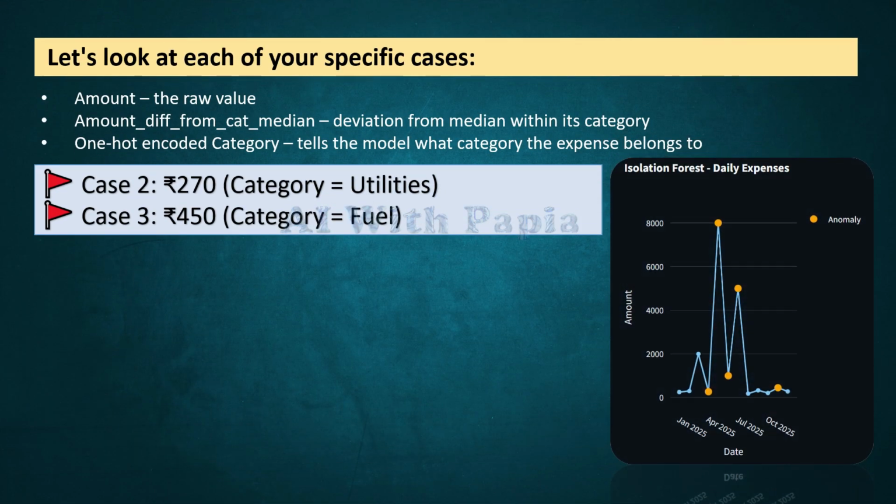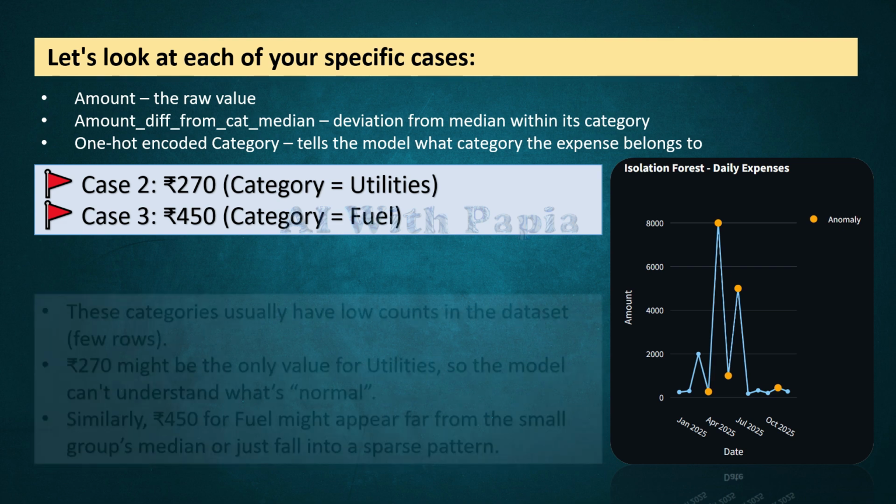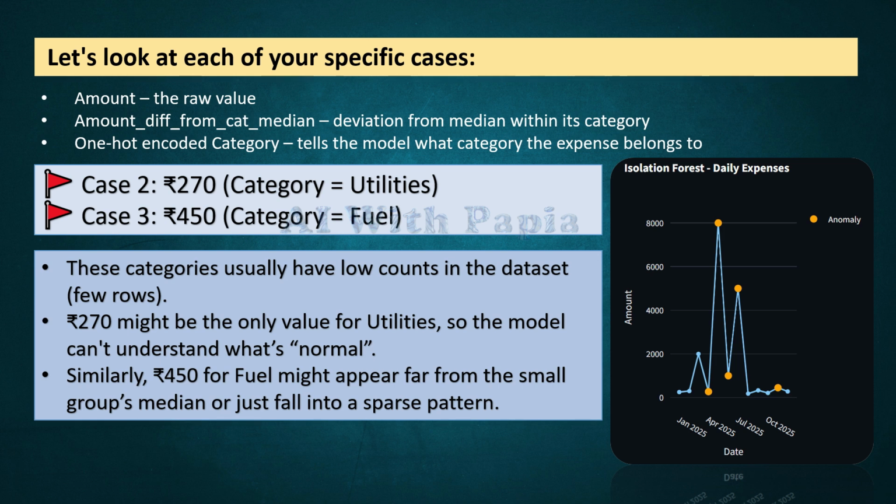Now the second and third cases, where 270 is a small, minimum amount and 450 is also a minimum amount, yet it is flagging them as anomalies. Why? These categories usually have low counts in the dataset, few rows. 270 might be the only value for utility, so the model can't understand what's normal.